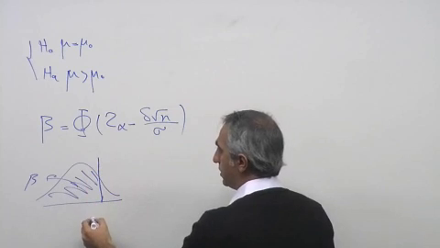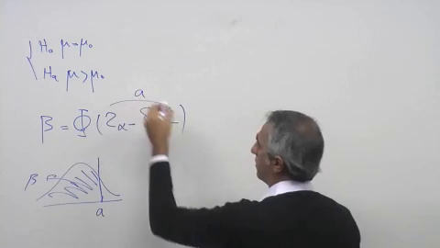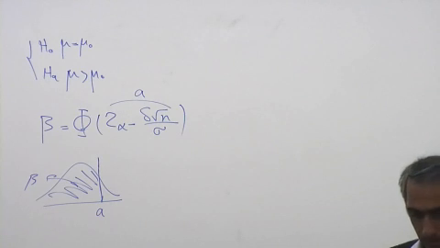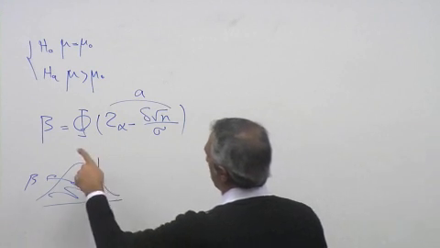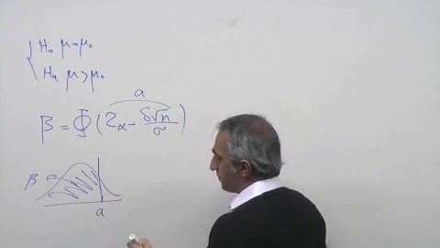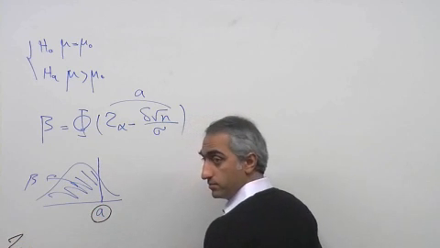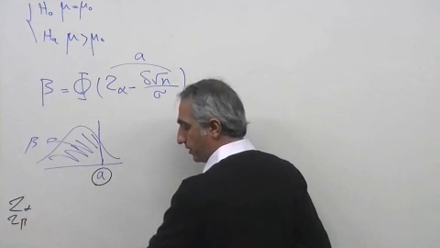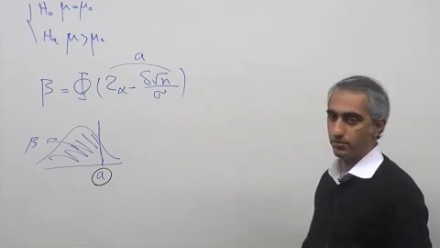And this point here, let's call it A. If I want to use the z function, I mean z alpha, z beta, z something, to show A, what would be the number for that?